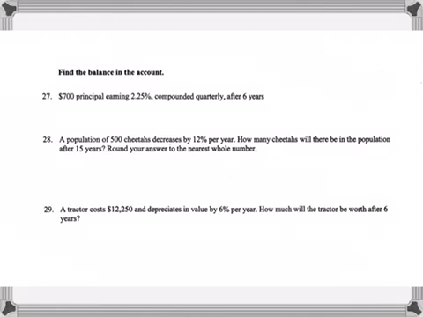All right, so 27 is talking about a compound interest equation. I know that because of the word compounded. Compounded quarterly means 4. They tell us that the initial amount or principal is 700. Their interest rate is 2.25% or 0.0225, and it's after 6 years. So T is 6. So we're going to plug that into our compound interest equation, which we know to be A equals the principal, 1 plus rate over N, to the N times T power.